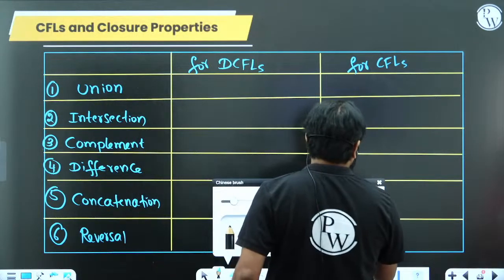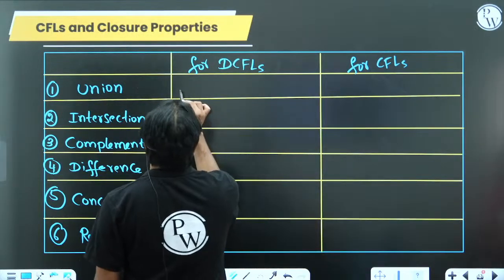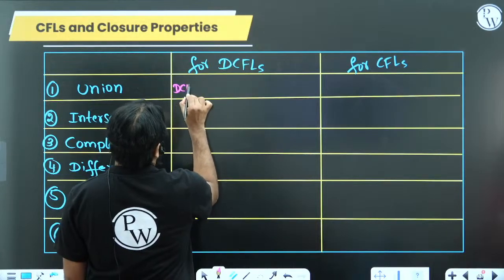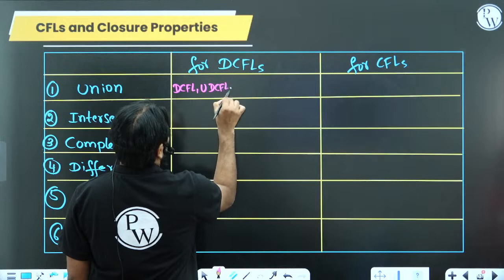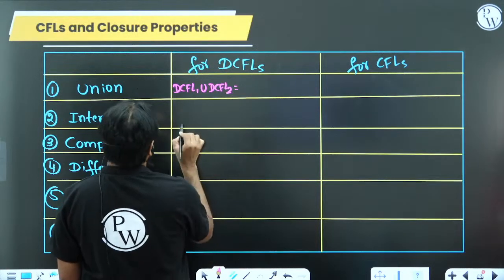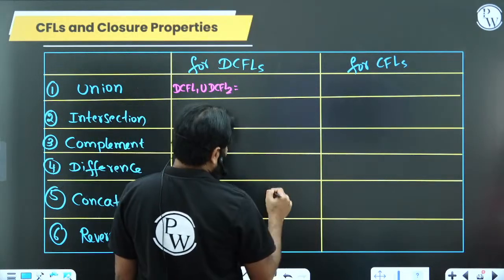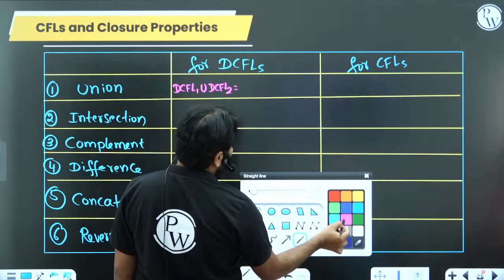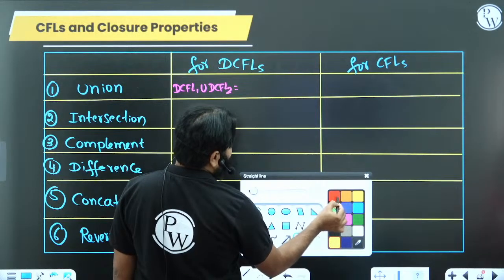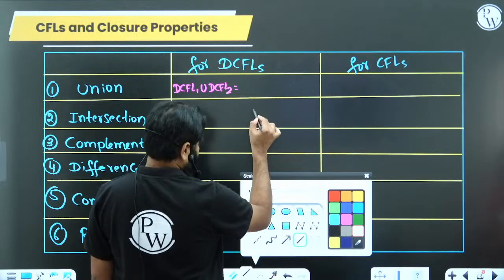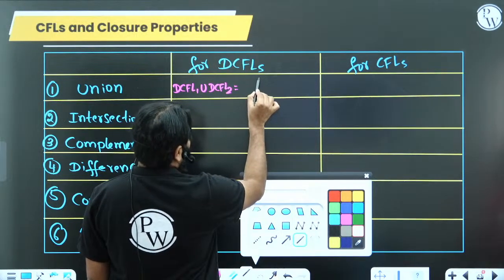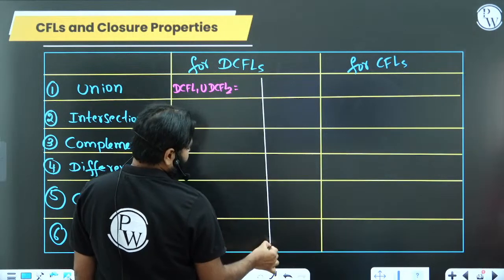First you can try on your own: DCFL union DCFL. What will happen? Union of DCFLs, is it DCFL always? Think about it. So we have two columns here. One column also specifies closed or not closed.